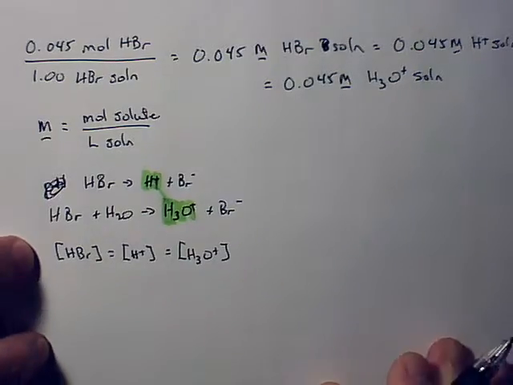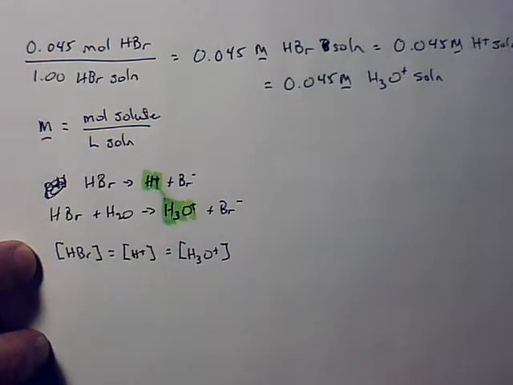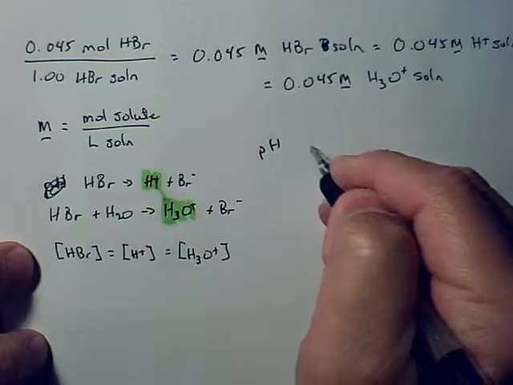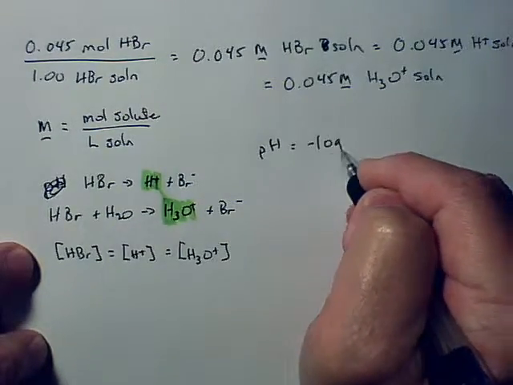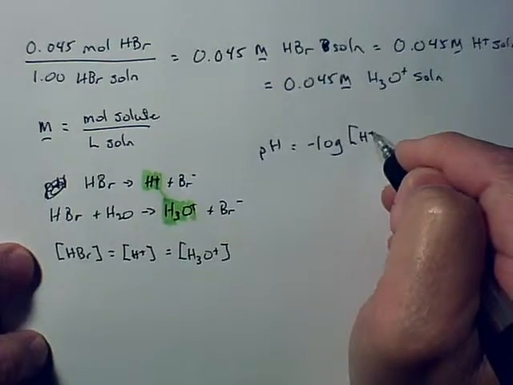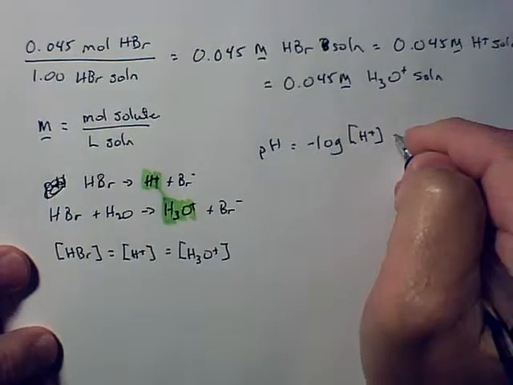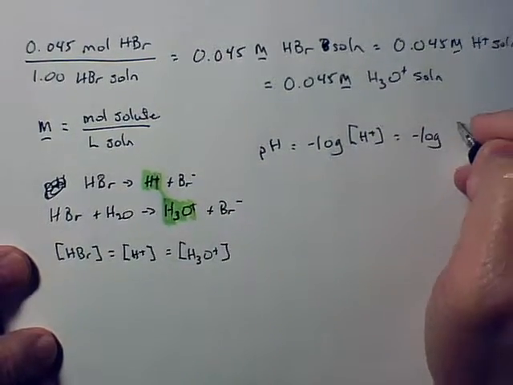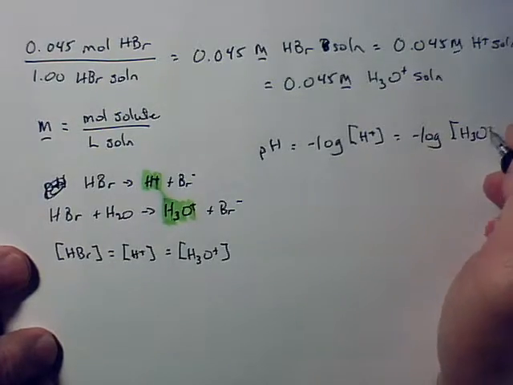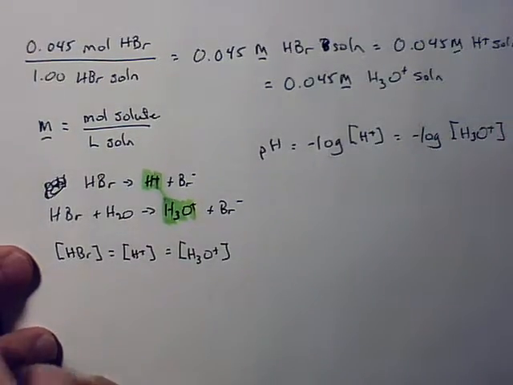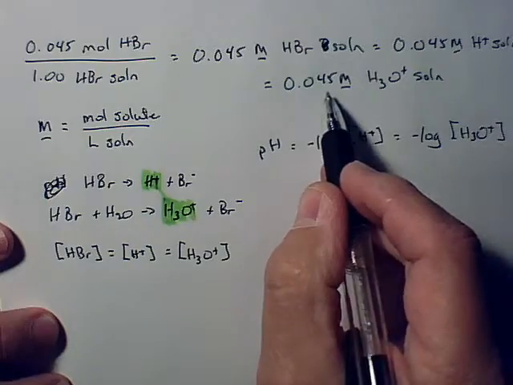Doesn't matter. Now then, pH is the negative log of hydrogen ions if we want to use Arrhenius, or the negative log of the hydronium ion if we want to use Bronsted-Lowry. So all we have to do is take the negative log of that number.